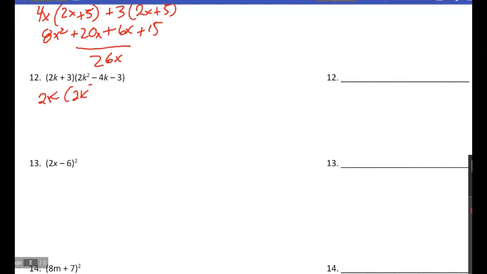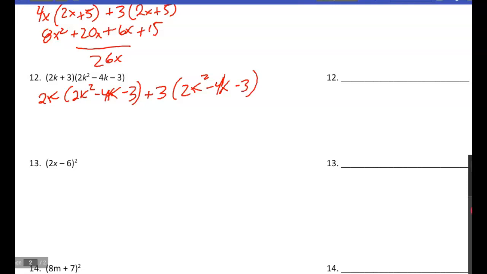This doesn't change, even though you have a third term. Apparently, I'm just going to write it more sloppy. So now I did 2k.